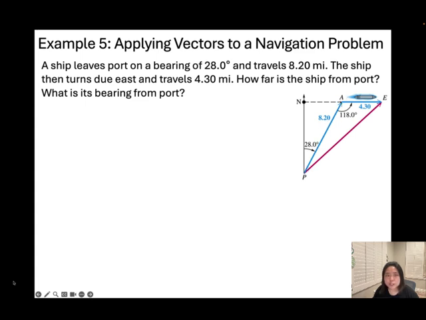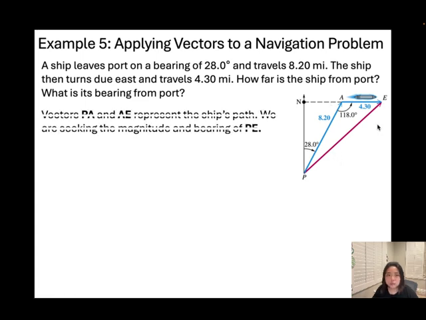The ship then turns due east and travels 4.30 miles. How far is the ship from port and what is its bearing from port? Vectors PA and AE represent the ship's path, and we are seeking the magnitude and bearing of PE.